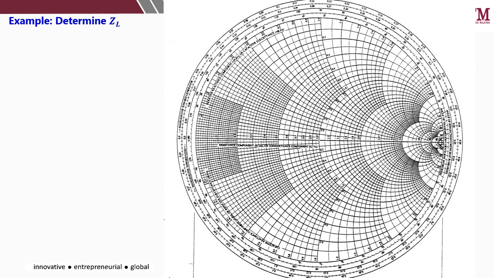Okay, let's have another example. In this case, you need to determine the ZL. If you have a transmission line, this is the generator, the transmission line, and ZL.